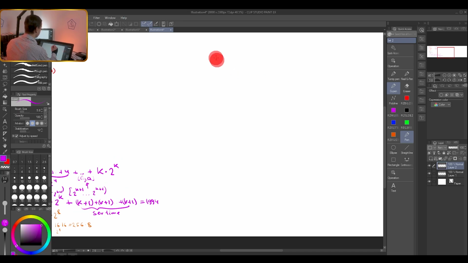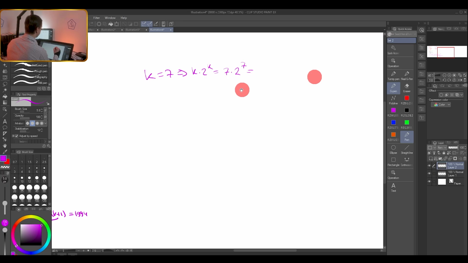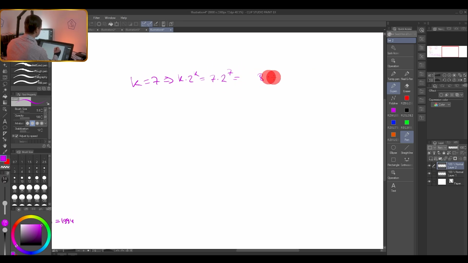So when k equals 7, then k times 2 to the power of k equals 7 times 2 to the power of 7. Well, what is 2 to the power of 7? It will be 2 to the power of 3, which is 8, times 2 to the power of 4, which is 16, and all of that times 7. So what is this value?